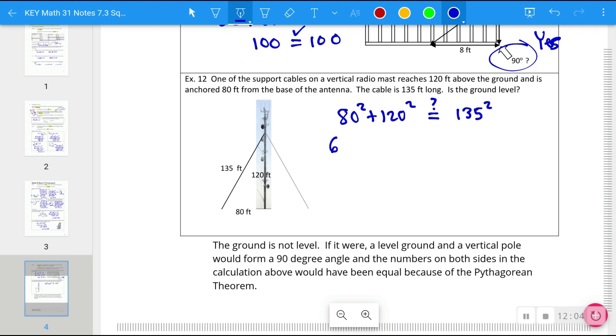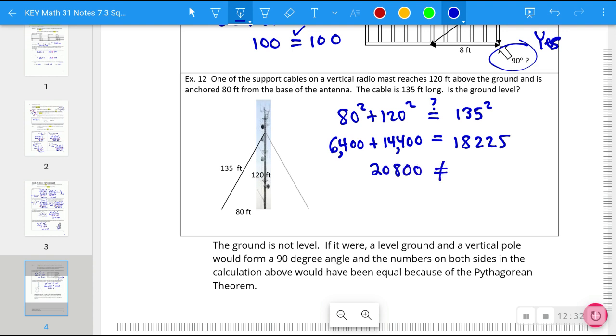Okay, so 6,400, that's what 80 times 80 is, plus 14,400. And does that equal 135 times 135? And I did this earlier, it's 18,225. On the left, those numbers add up to 20,800.